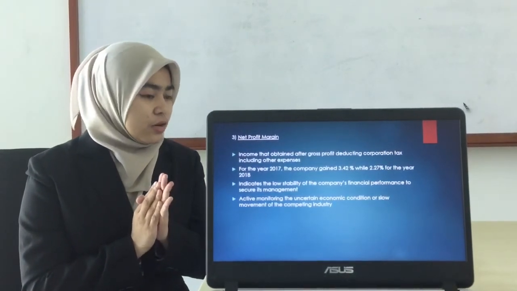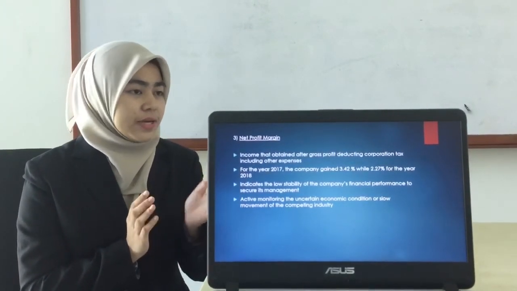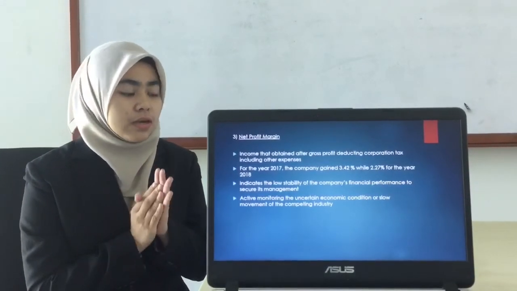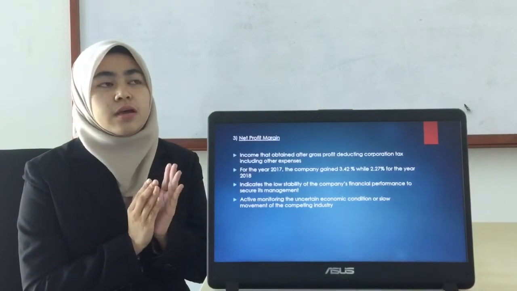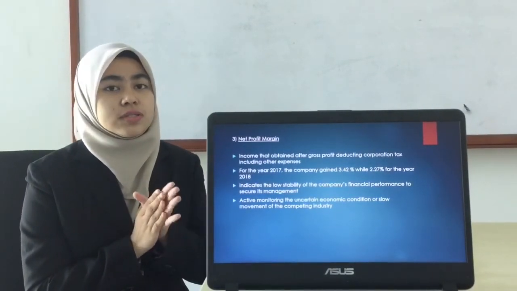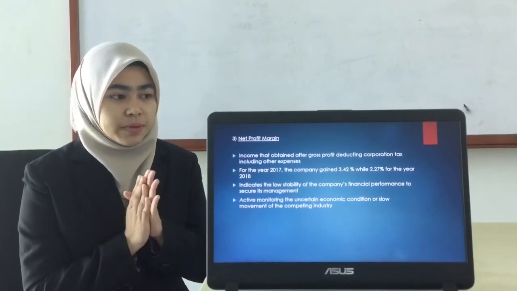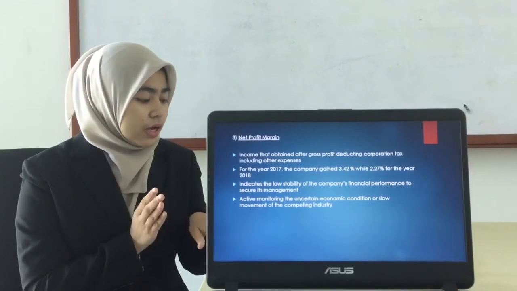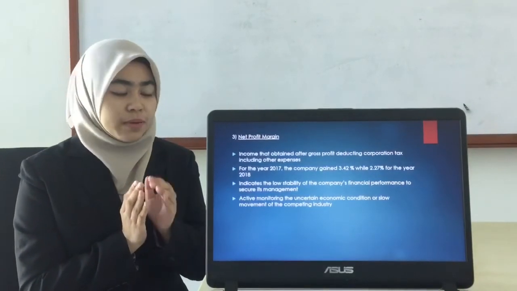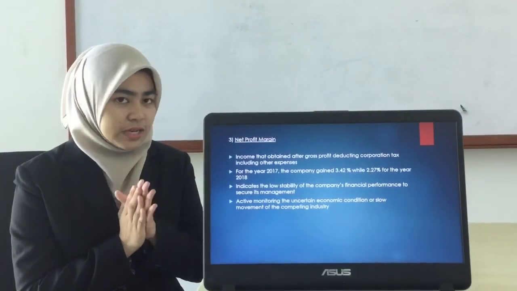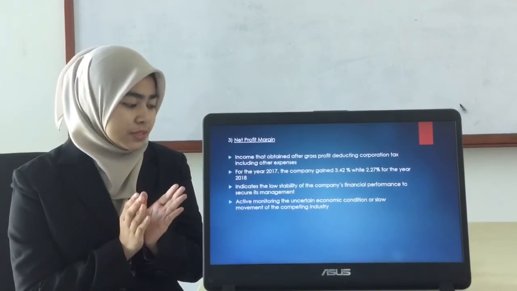It indicates a low margin. It shows that the company has a depreciation amount in the comparison of the two years of about 1.50%. It indicates the low stability of the company's financial performance to secure its management. And also, from net profit margin, the company is able to determine the value for the shareholder dividend and also for the company investments.